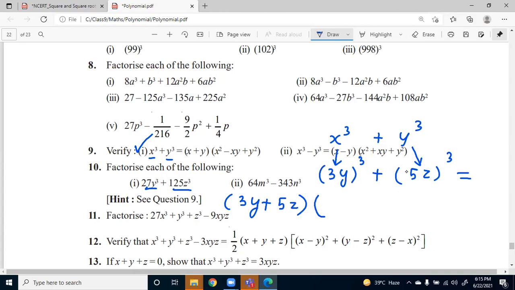What is x square? That is 3y square, minus xy. So what is xy? 3y into 5z, plus what is y square? Y square is 5z square.